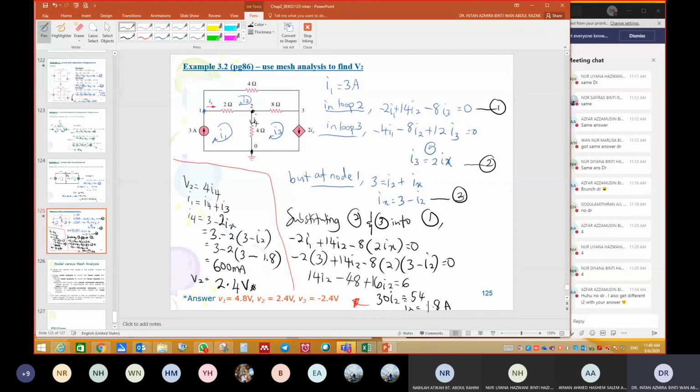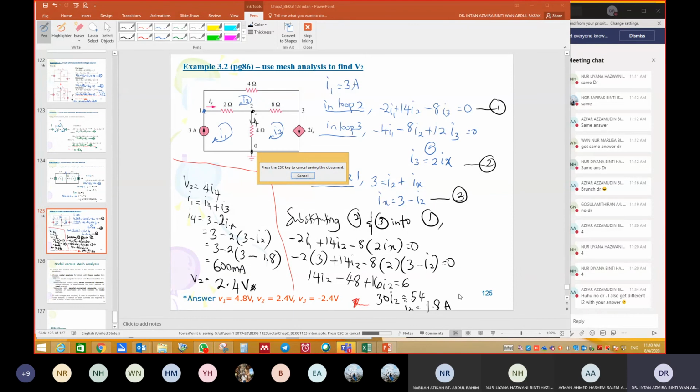Okay, so it is proven that you can use any approach, so you have to choose the easier approach that is suitable to that particular circuit.